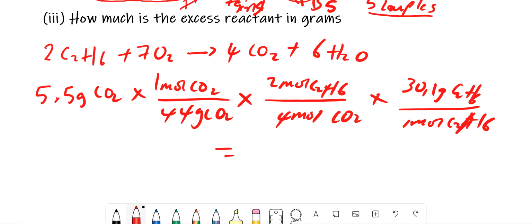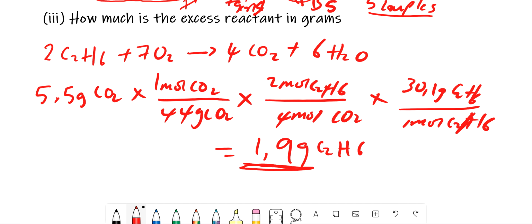I hope you can see that. And here the answer will be 1.9 grams of C2H6. So that means 1.9 grams of ethane is going to react.